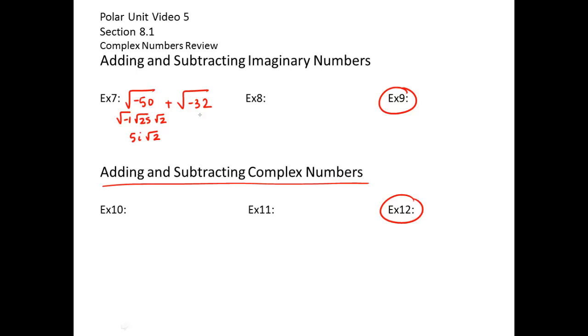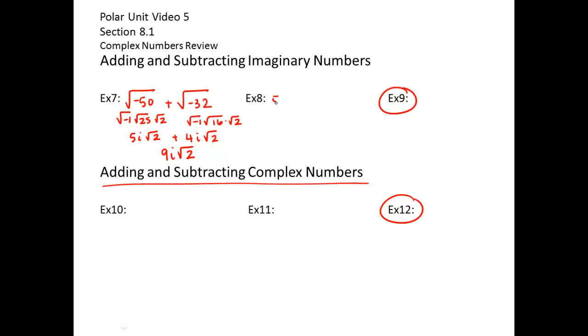Now the only way I'm going to be able to combine this with the next part is if I'm left with a square root of 2 as well. So let's see. The square root of -1 times the square root of 16 times the square root of 2. So that leaves me with plus 4i square root of 2. Because I have both radical 2's, we're able to combine them one further step, and that becomes 9i square root of 2.